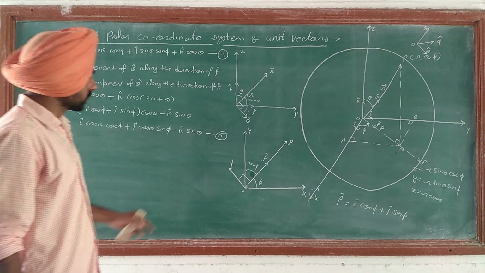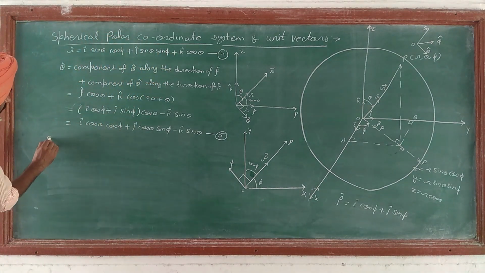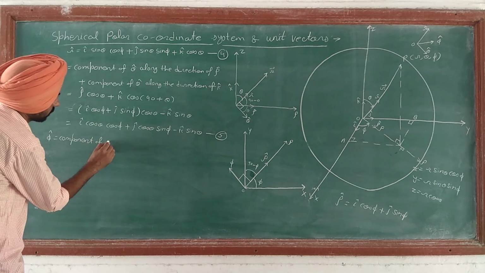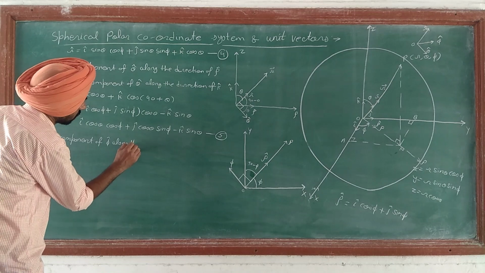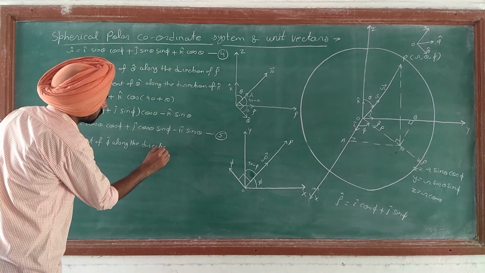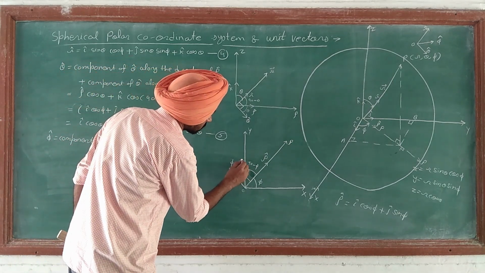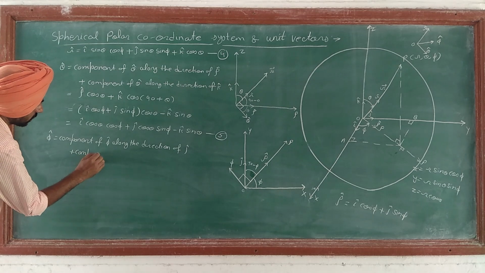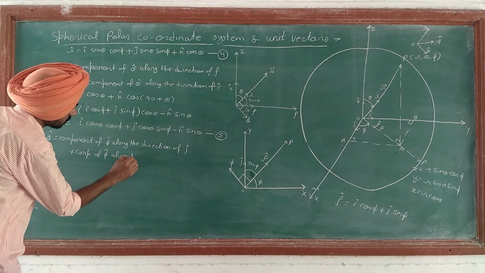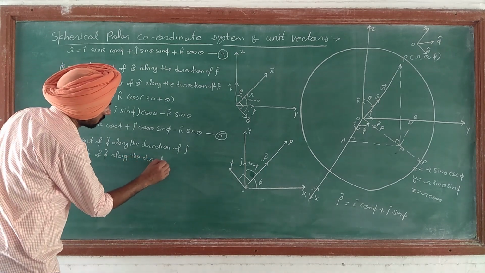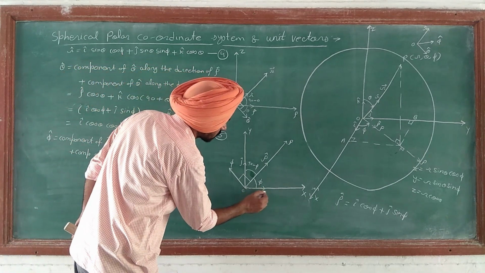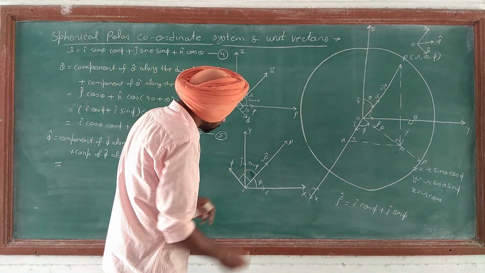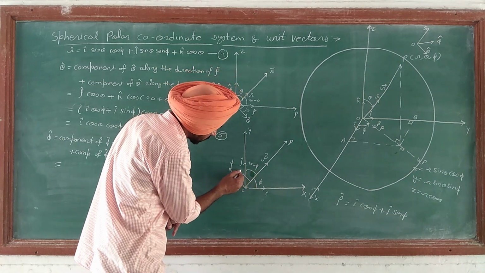The angle between these two is 90 degrees. So now we will find the unit vector phi cap. Phi cap will be the component of phi cap along the direction of j cap plus the component of phi cap along the direction of i cap. The component along j cap: this angle is 90 minus phi, this angle is 90, so this angle is again phi.